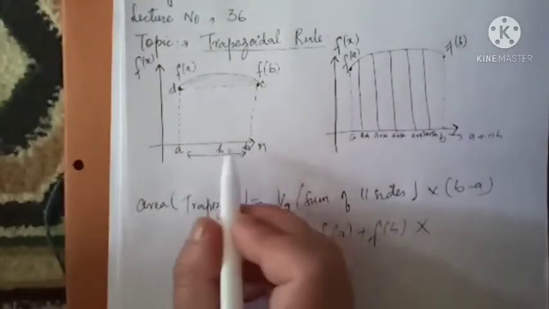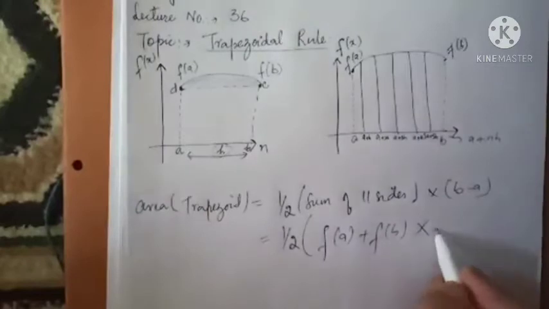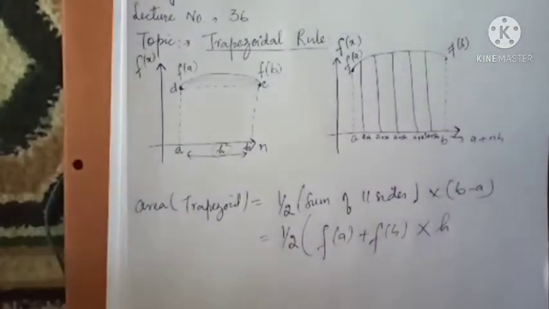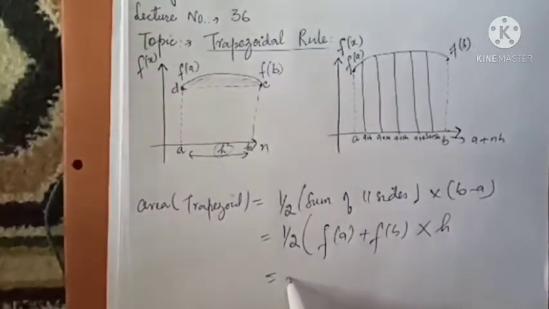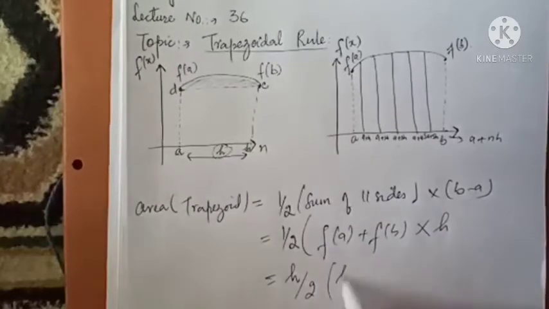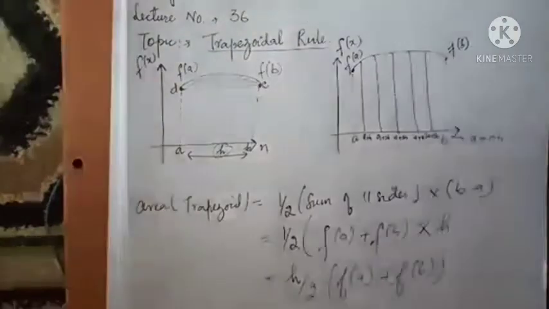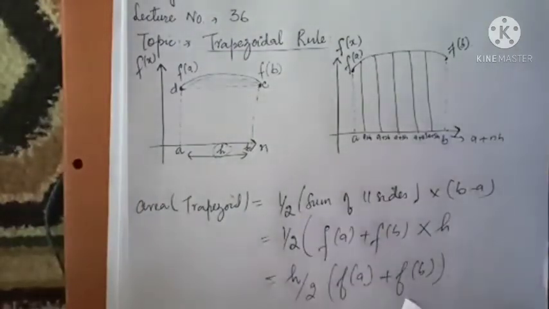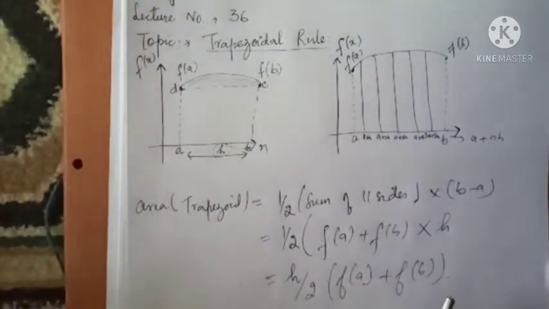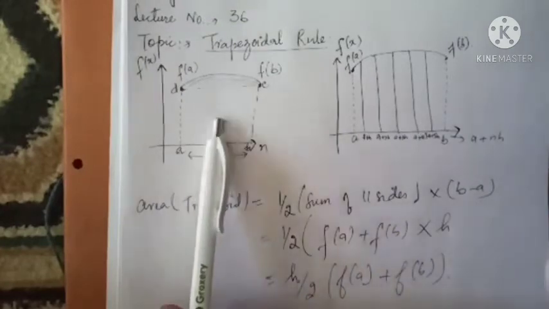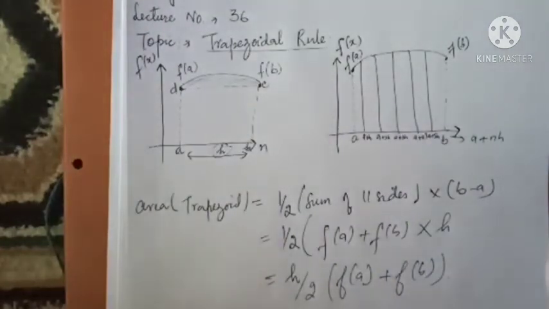The interval size between them is h, so we can write it like h times half of f of a plus f of b. This is how we can calculate the area of a trapezoid, which is given in figure A.